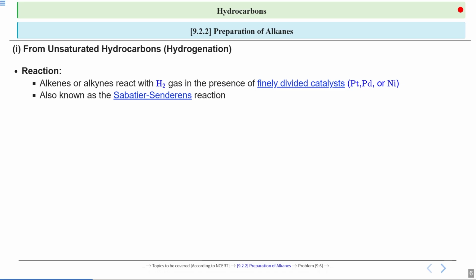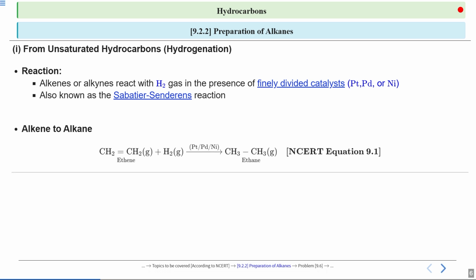So this reaction is a classical example of catalytic reduction and hydrogenation and is widely used in both industrial and laboratory settings. So we will now look at a specific example where we convert an alkene to an alkane. So this transformation is a key application of hydrogenation, where we take an unsaturated hydrocarbon and make it saturated by adding hydrogen atoms to it.